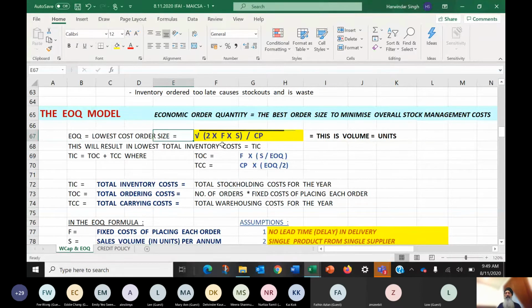This formula is basically based on the understanding that there are two types of costs in inventory. TIC means the total inventory cost, the total cost of managing your inventory, not buying. I always emphasize this to students. Do not think that this is trying to reduce the cost per unit of what you buy.